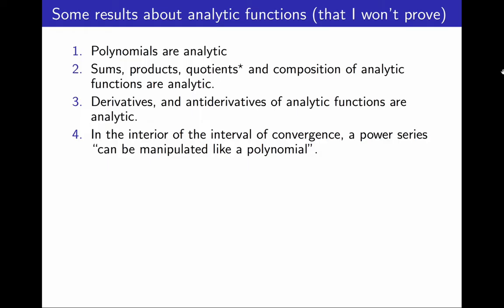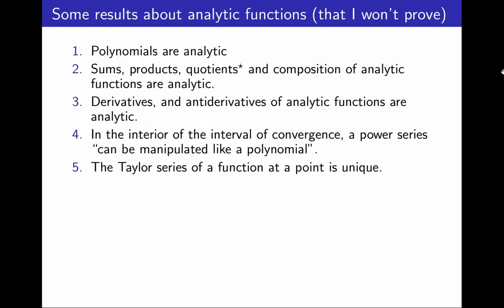But there is more. An analytic function is written as a power series, and we know that in the interior of the interval of convergence, a power series can be manipulated like a polynomial. So, all the operations above can be performed with Taylor series the same way we would perform them with polynomials. And finally, we know that the Taylor series of a function at a point is unique.